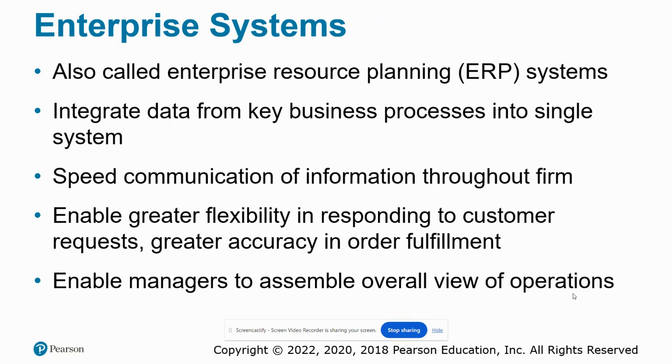Enterprise systems, also known as enterprise resource planning systems, integrate information flows from a variety of sources and ultimately serve a wide variety of groups and individuals and purposes within the firm.